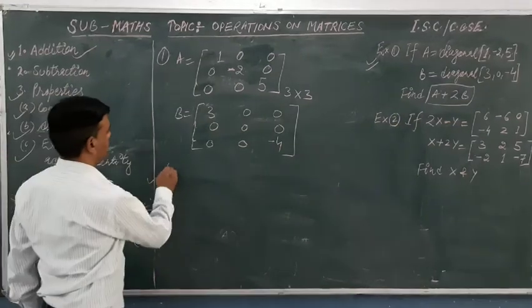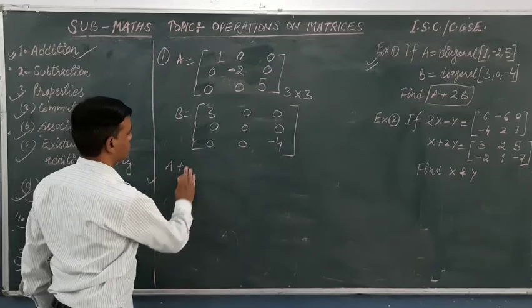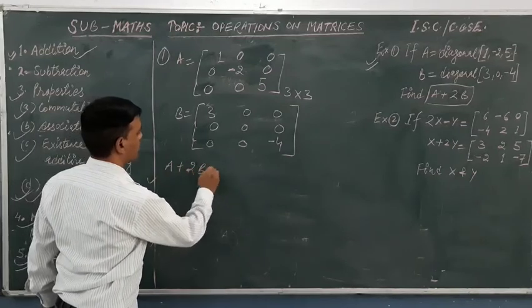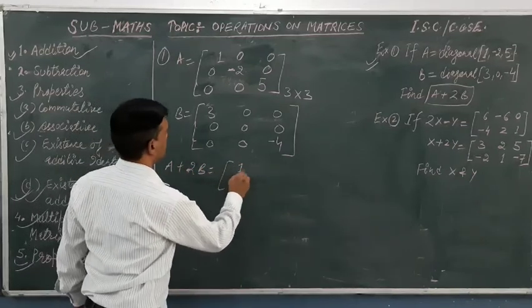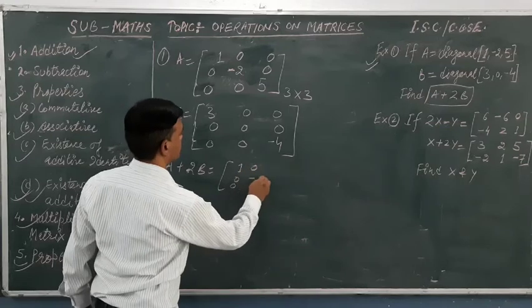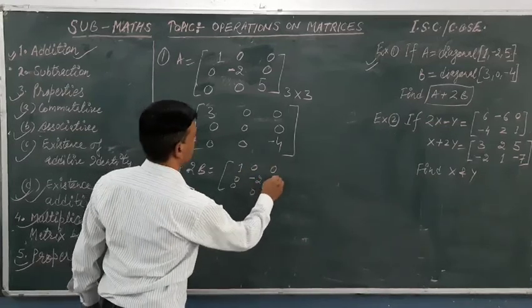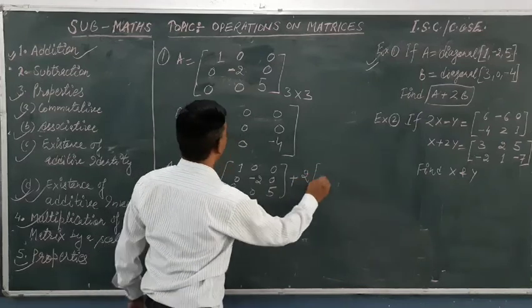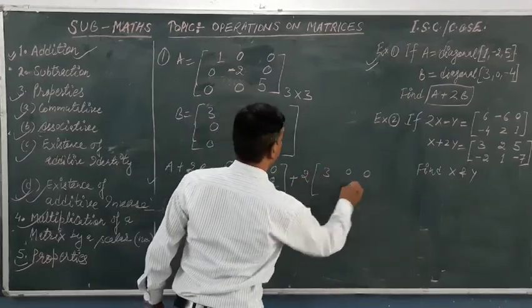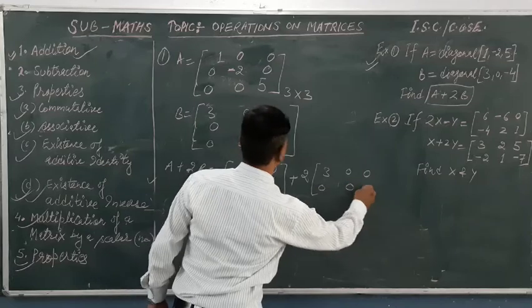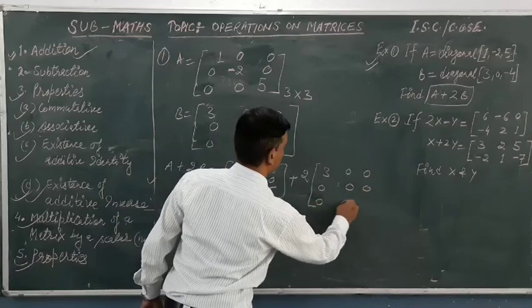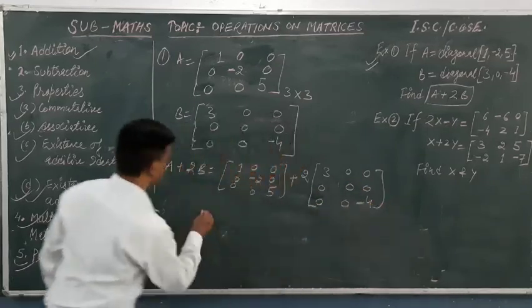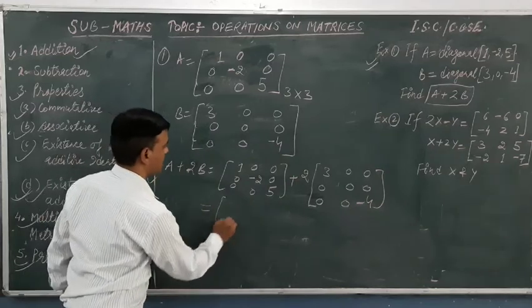So A plus 2B will be equal to the matrix [1 0 0; 0 -2 0; 0 0 5] plus twice the matrix [3 0 0; 0 0 0; 0 0 -4]. A remains as such.